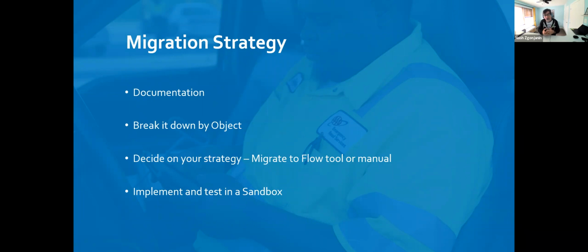When you are promoting your flows from sandbox to production, it's always going to end up as an inactive flow in production, unless you have test coverage for your flows that is over 75%. This is because you have an option in production, a checkbox to say, I want to deploy my active flows, which means whenever you deploy it, it immediately becomes active.